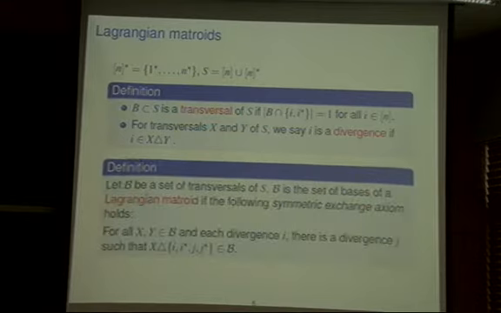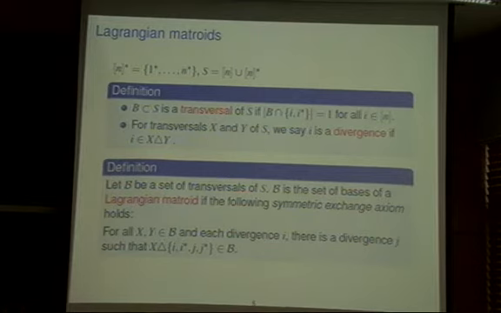Okay? And what's a Lagrangian matroid? We'll think of it in terms of some kind of basis version. So this is the basis axiom. Start with a collection of transversals, script B. Okay? You have to fix this in advance, right?